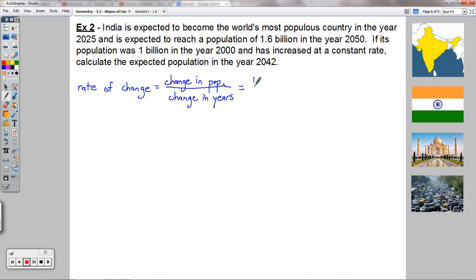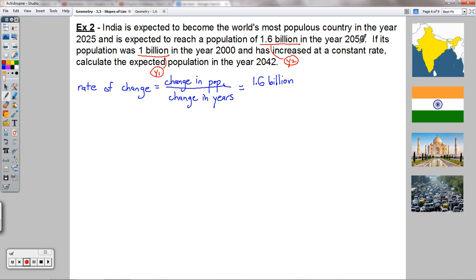We are getting to 1.6 billion. So in a sense, this number right here is like my y2, my second y coordinate. And then this number right here, in a sense, is like my y1, my first y coordinate.